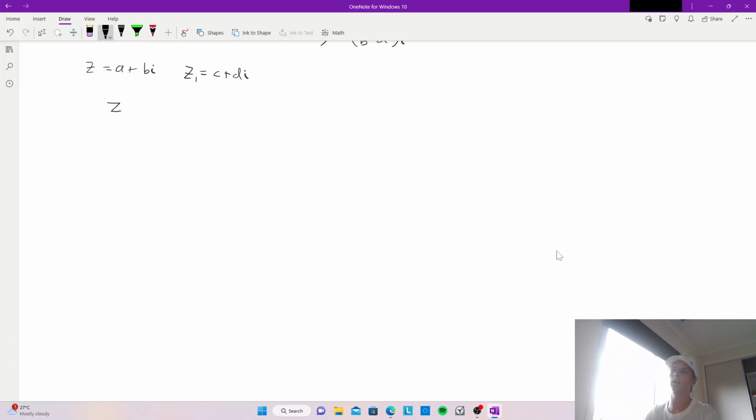Now we're going to go Z multiplied by Z1. We'll make that a multiplication sign.